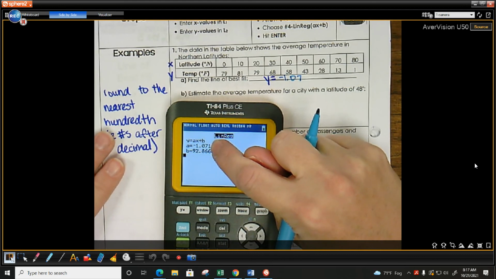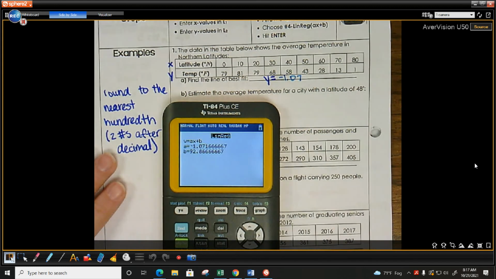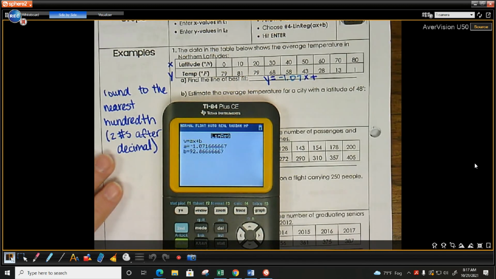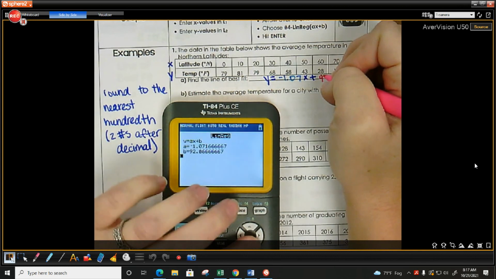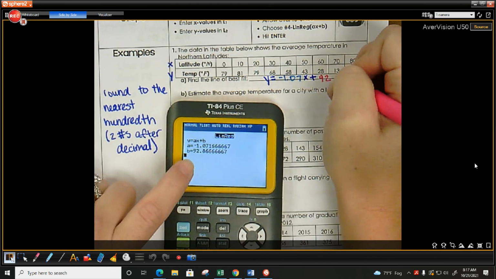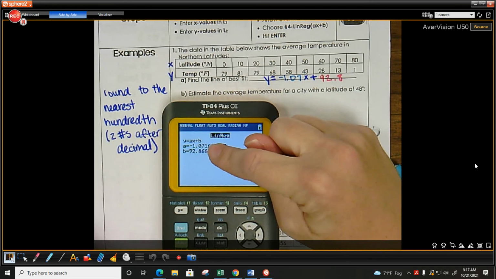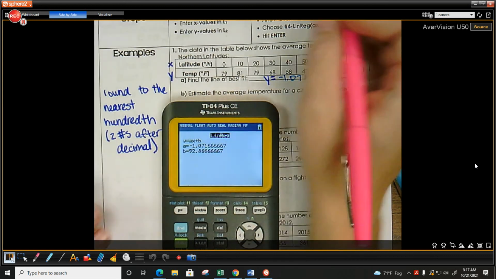X plus, what's your B? 92.86, and then let's look. It's 6. A 6 rounds it up to a 7. And there's your equation. That is an accurate representation of the given data.